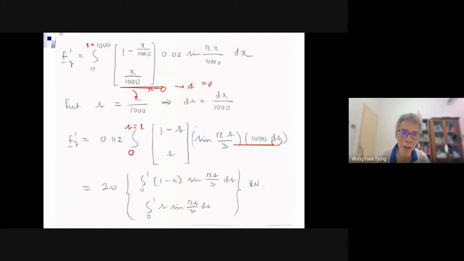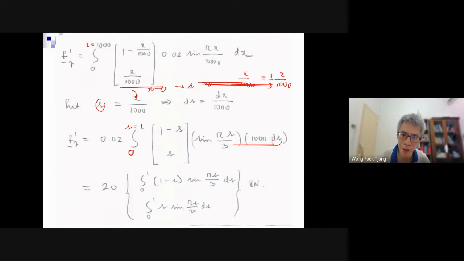And the good thing about using the variable s is this: pi x over 3000 becomes what? x is 1000 times s, so 1000 over 3000 is 1/3, right?